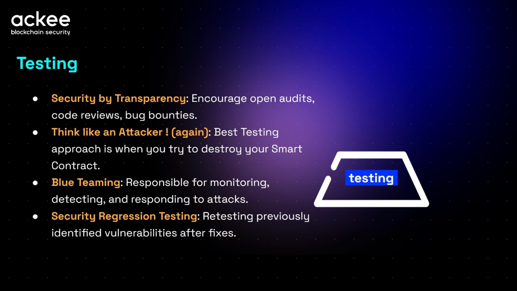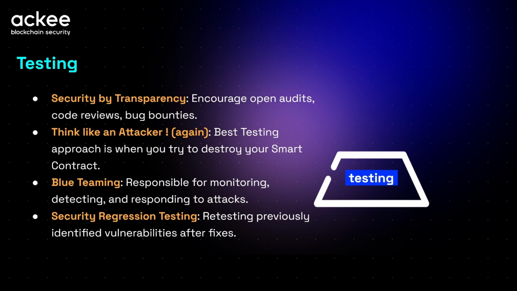The next point is about security regression testing. This actually happens often. Retesting is really important because most of the time, let's say an auditor finds an issue in the smart contract, the issue gets reported, and the developers think that they fixed the issue and everything is resolved. But they do not test if the issue was fixed correctly.